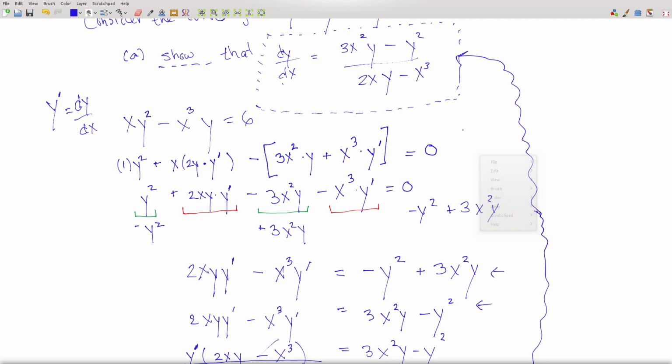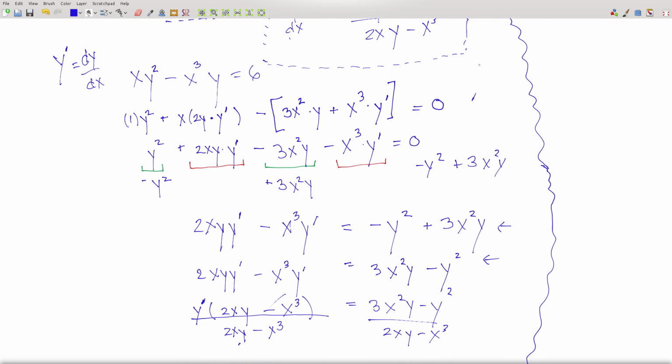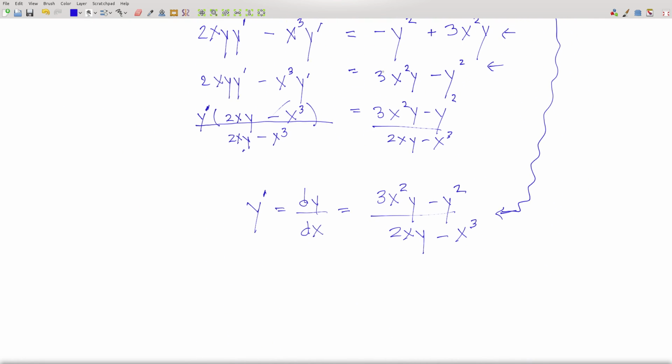And that is exactly what we just did: 3x squared y minus y squared over 2xy minus x cubed. So, job well done.